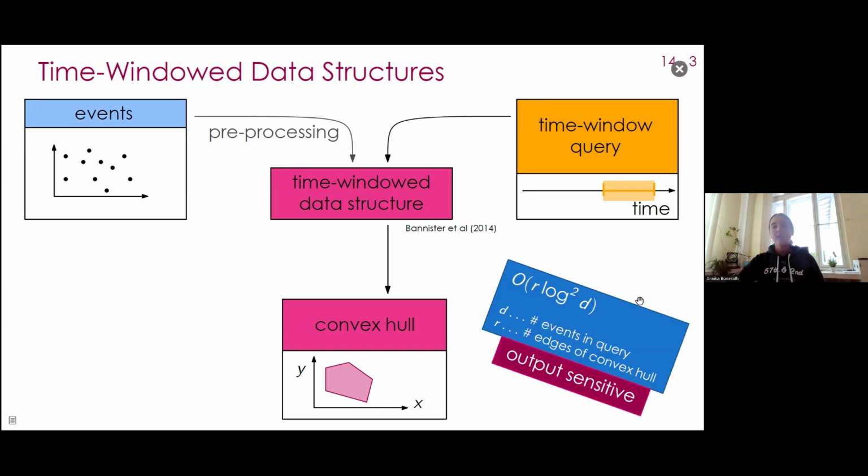And especially, their algorithm is output sensitive, meaning it does not depend on the number of events that we have overall, but it depends on the number of events that are in the output. So this is heavily different, because we might have a very small convex hull, but a huge amount of events.